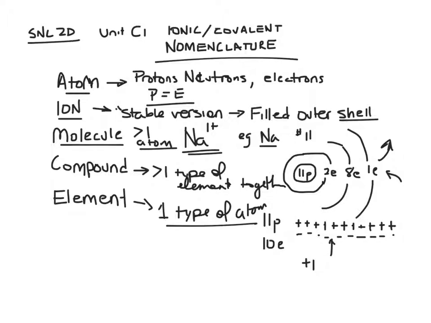So when we look at it, if I look at magnesium, for instance, magnesium by itself is just Mg. It's an element. You've talked about water before. Water is H2O. Well, H2O means there's 2 hydrogen atoms and 1 oxygen atom together. And since there's more than 1 atom in that formula, that's a molecule.